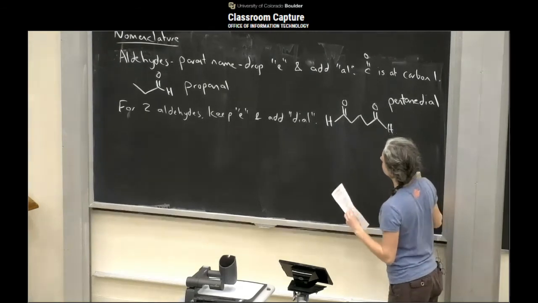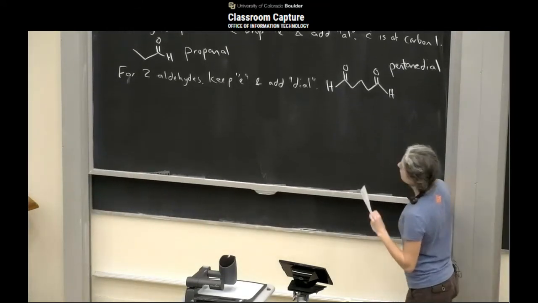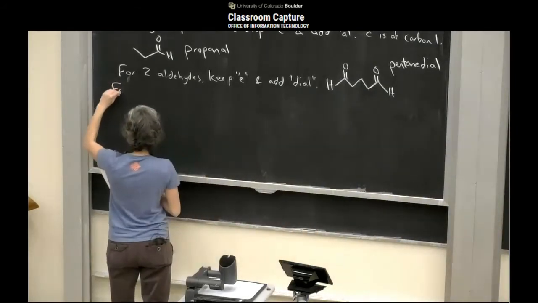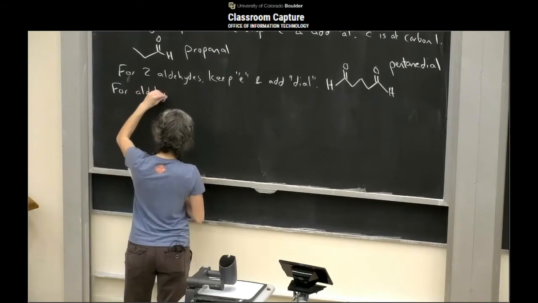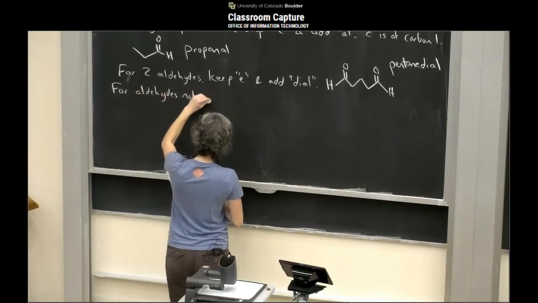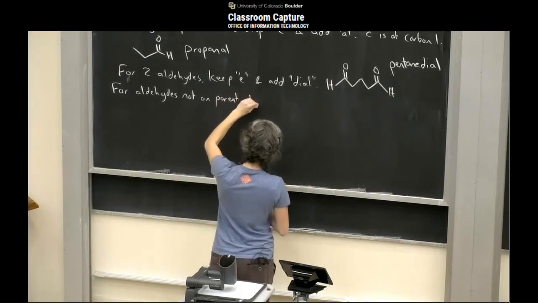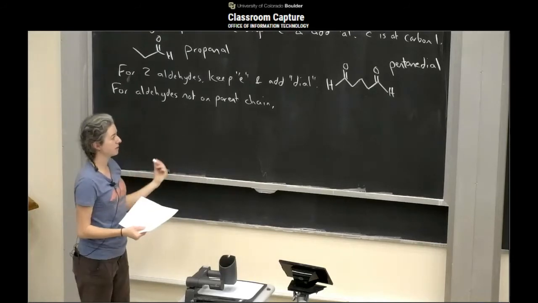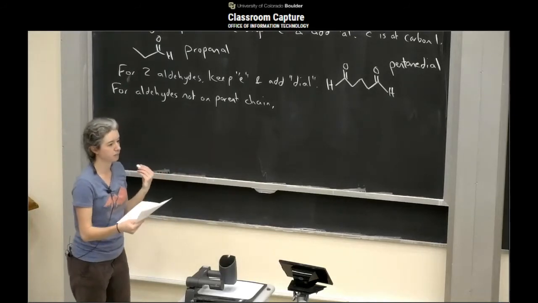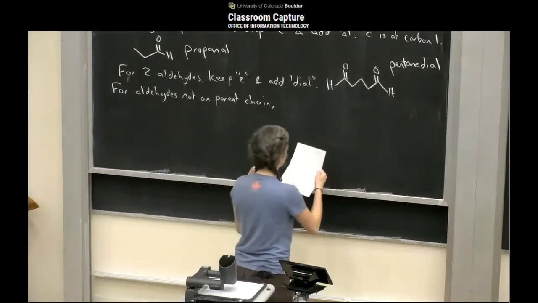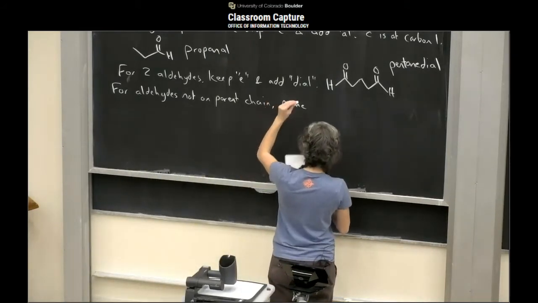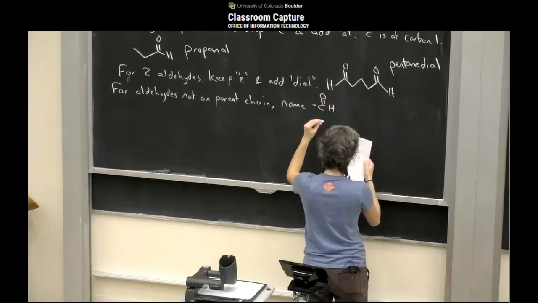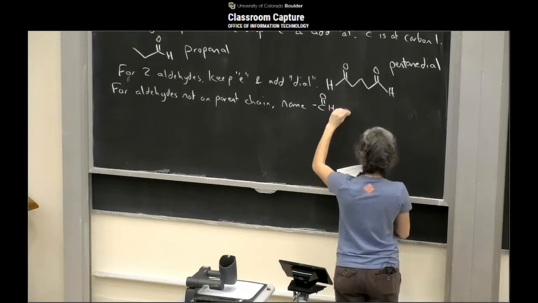Okay, so if you have an aldehyde group that's not part of the parent chain, especially if that happens to be coming off of a ring, because then the ring would probably be the parent a lot of the time, you can name the CHO group as carbaldehyde.